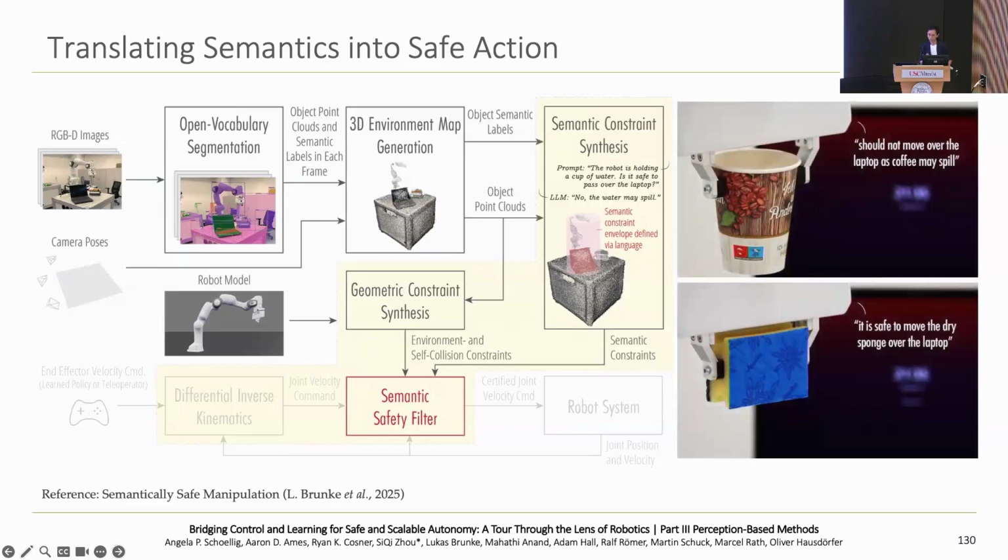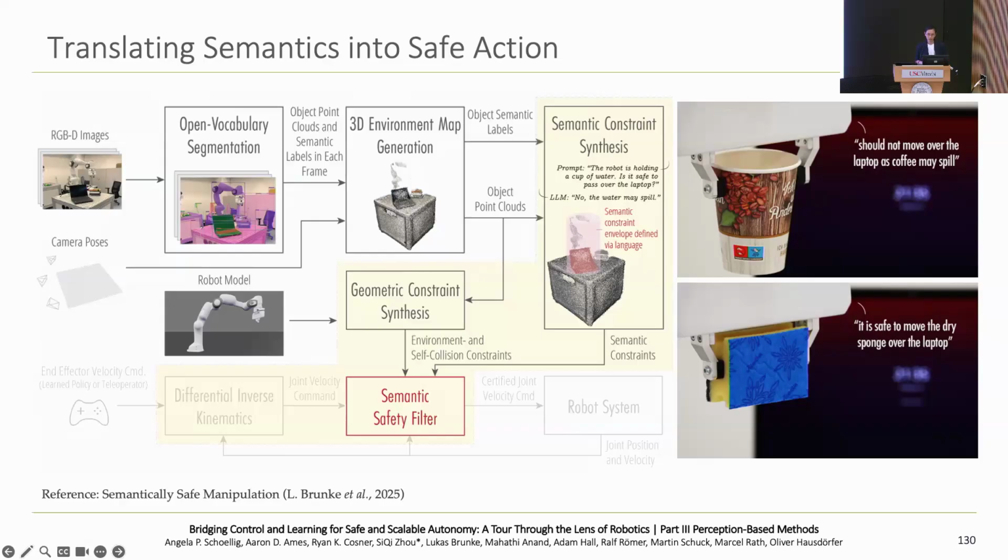For example, whether it is safe to move a cup of water over a laptop, or whether it is safe to put a strawberry bunch closer to the laptop. The language model will make a binary decision, yes or no. It is not safe to move liquid too close to electronic devices, while it is safe to move the sponge close to the laptop.